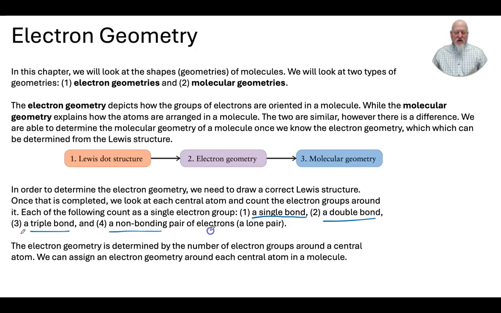And then we're going to have non-bonding groups, or lone pairs. Non-bonding groups are electron pairs on a central atom that aren't bonded to another atom. They're just on that central atom. All these groups are made of electrons. The bonds are electrons, the non-bonding pairs are electrons, and they all repel each other, because electrons are negatively charged.